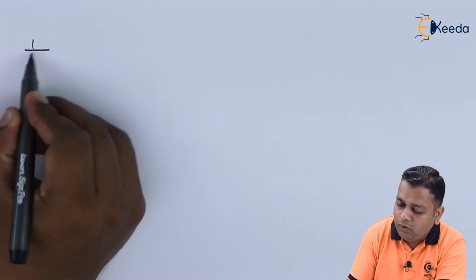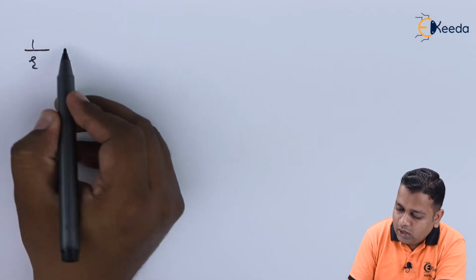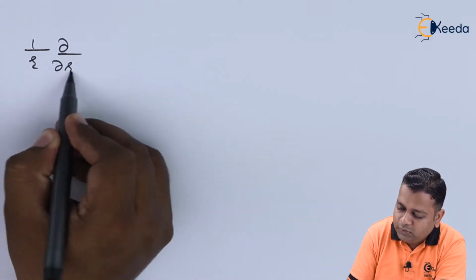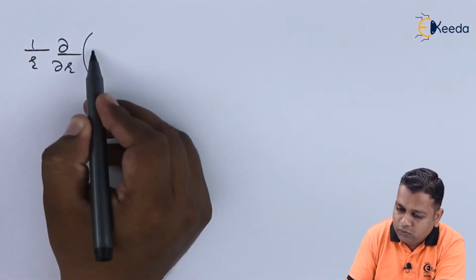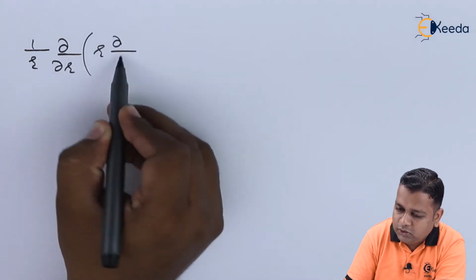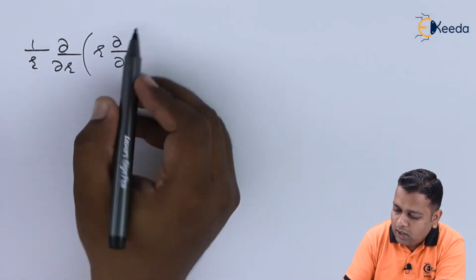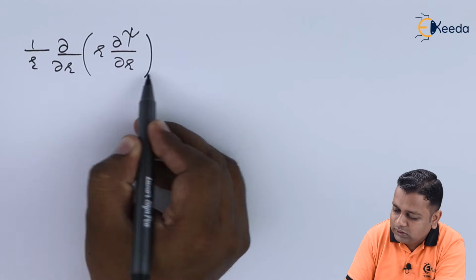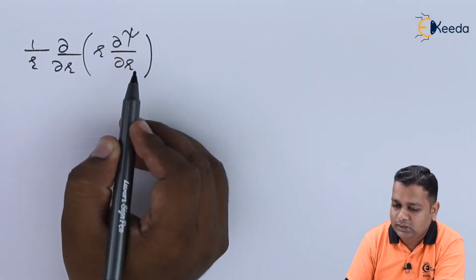Now, very first of all, we shall make use of the scalar form of the Helmholtz wave equation, and while using it in the cylindrical coordinate system, we can give it this form. We write 1 upon r, times the partial derivative with respect to r of r multiplied by del psi over del r, where psi is a scalar function as discussed.